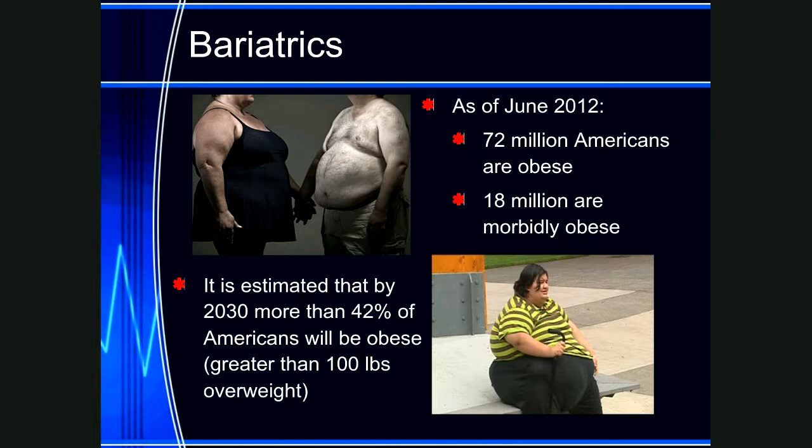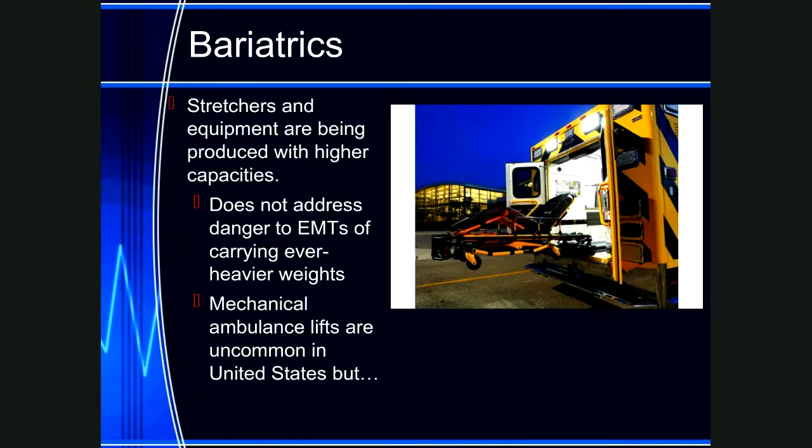And nowadays, we actually have bariatric ambulances, and Dallas Fire Rescue does have a bariatric ambulance. I forget what station it's assigned to, but I know it's south of 30, but it's specially called out.